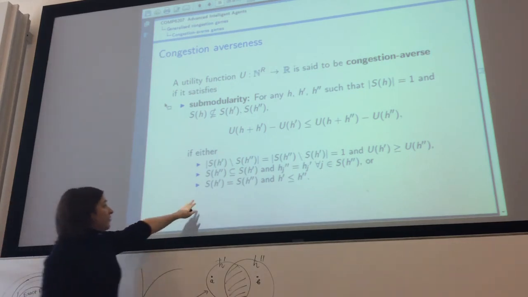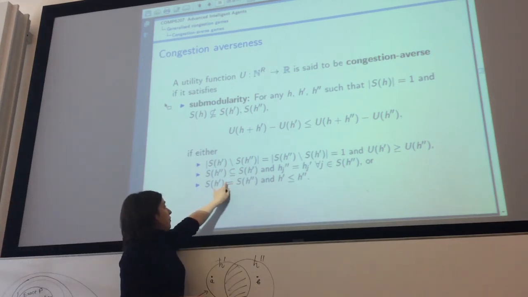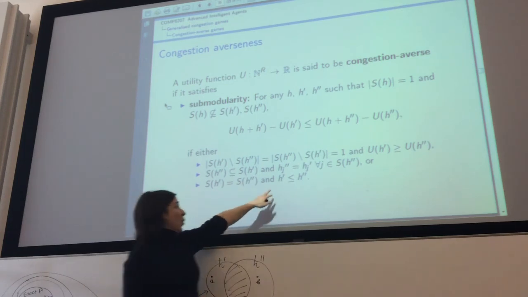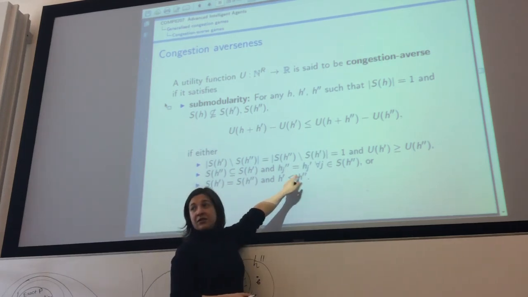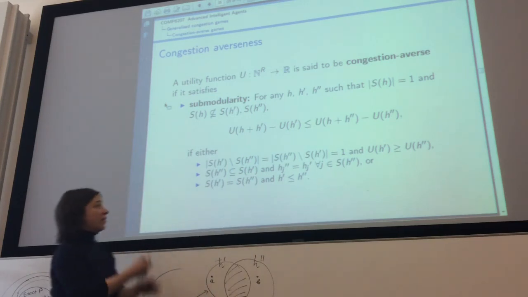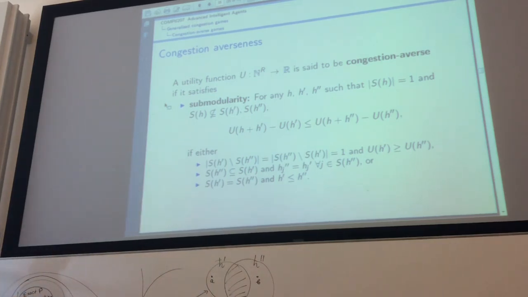And finally, if we have two vectors with the same support but one is just less congested than the other, then adding to the less congested one has less impact than adding to the more congested one. Okay, so that's submodularity. Intuitively, once again, the better strategy you have, the less is your incentive to add.